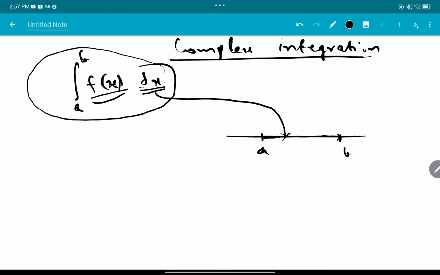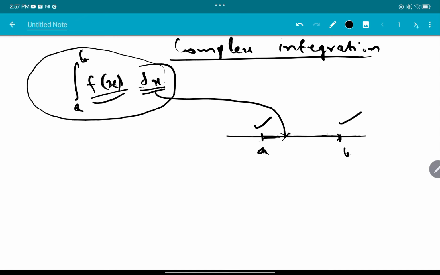And in most cases, the value of the integral is path independent. It depends only on the endpoints. This holds for most, but not all, cases; there are certain conditions under which this happens, and most of the time those conditions are satisfied, hence this turns out to be path independent.